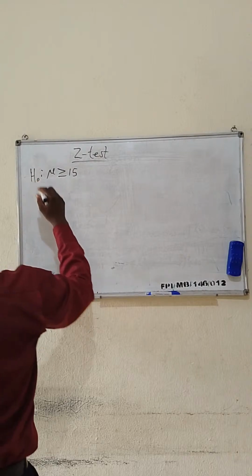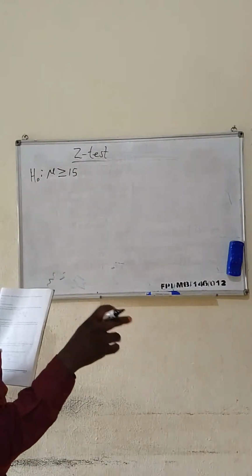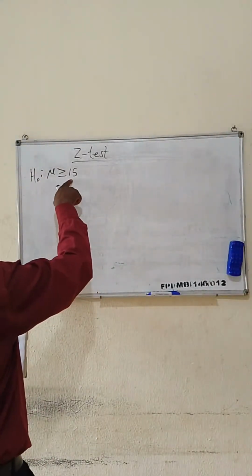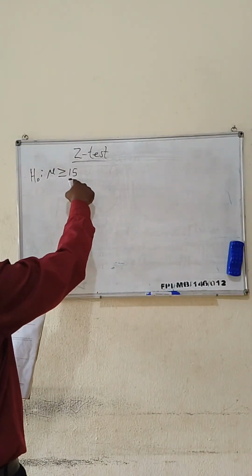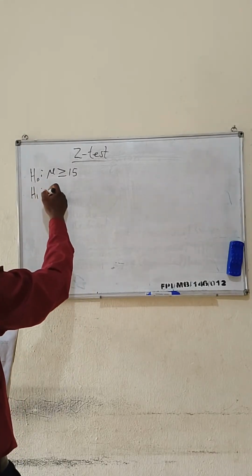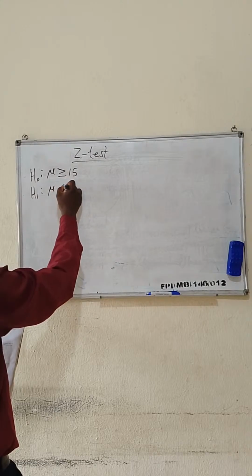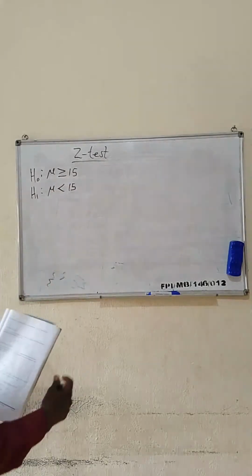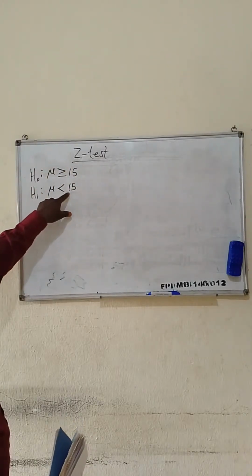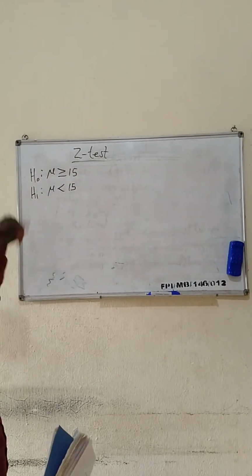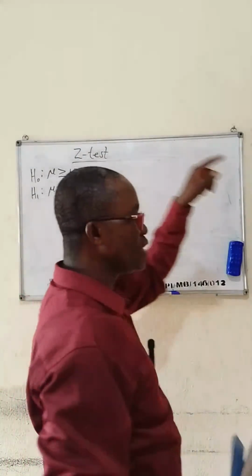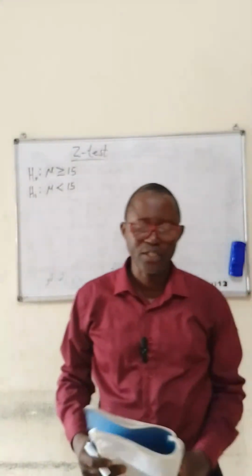You know, the research is focusing on the fact that the therapy reduces the number of days. The standard number of days for recovery is 15. So H1 will be mu less than 15. If you look at this formulation now, you see that we have covered all available spaces. We have less than 15 in the alternative, which is the point of interest in the research, and we have greater than or equal to 15. 15 and above will be in the null hypothesis.